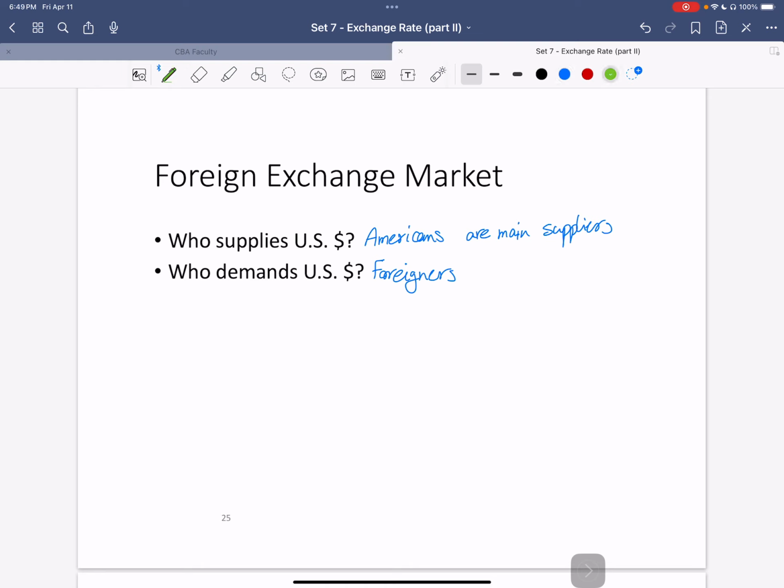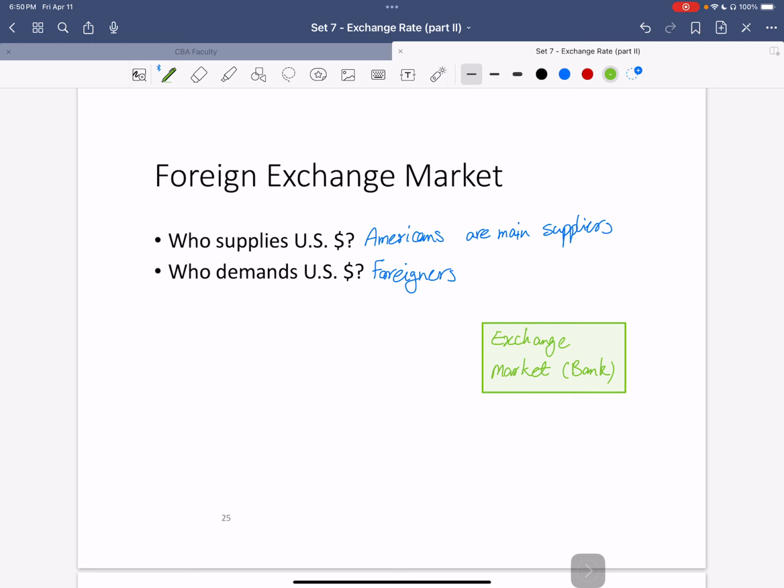If you think of this foreign exchange market, for example, let's say you go to the bank or you go on a website to exchange those currencies with each other.